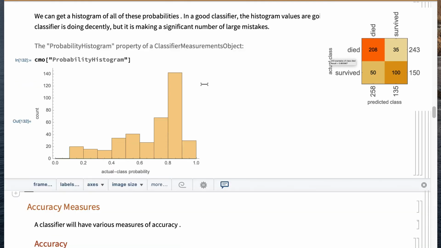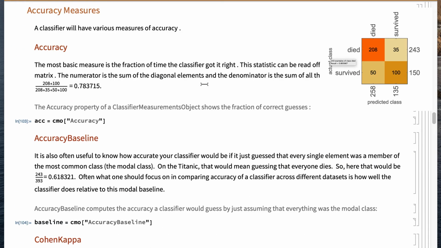Okay, back to our confusion matrix statistics. Accuracy. This is often what you want to know most about a classifier. How accurate was it? So there's a very simple measure, which is what fraction of the time did it get the right answer? And you can just read that right off the diagonal of the confusion matrix.